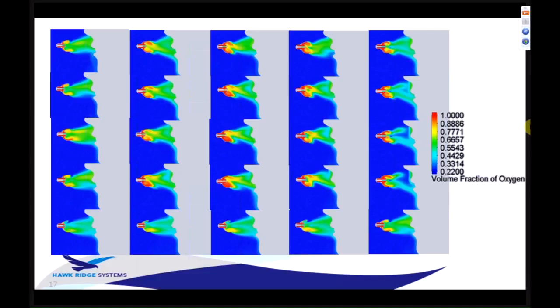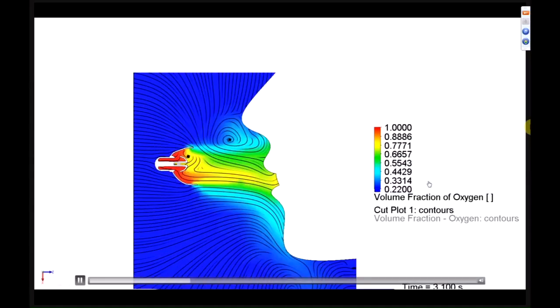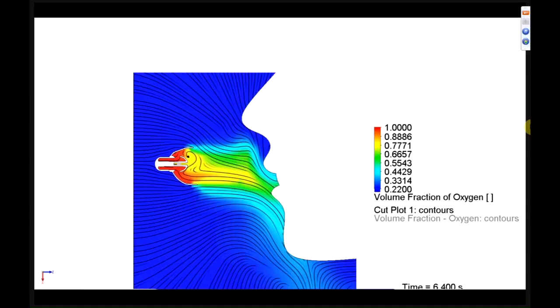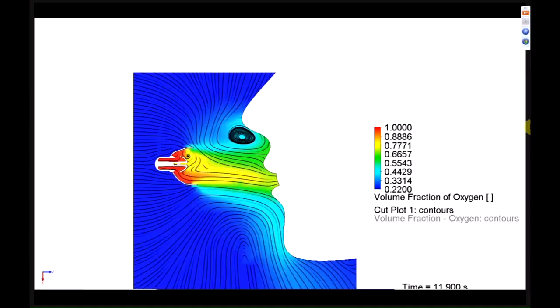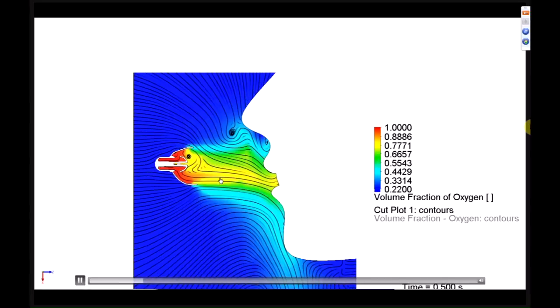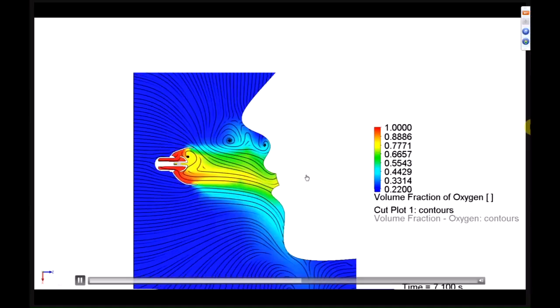And how does that affect the flow patterns and the oxygen concentration as we move through that cycle? So we're looking at more than just a steady state analysis. We're getting into, we call it transient flow. And that's certainly possible in SOLIDWORKS Flow Simulation as well.